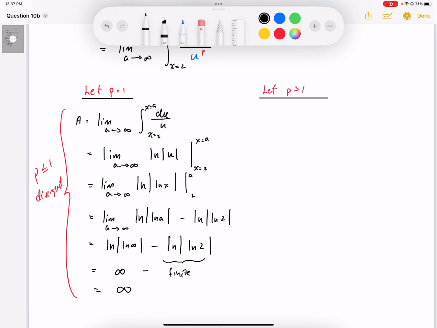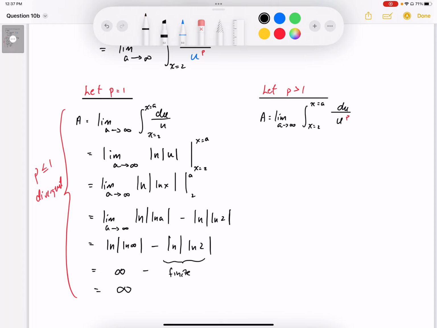So when p is greater than 1, we end up with the limit as a approaches infinity from x is 2 to x is a, and this is du over u to the power of p. Maybe I'll just make that in red. So all I've done is the same thing, but now, because p is not equal to 1, I could use power rule.